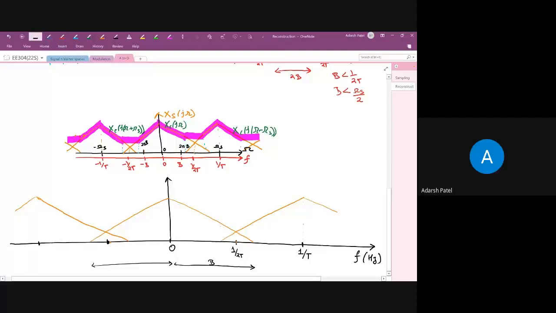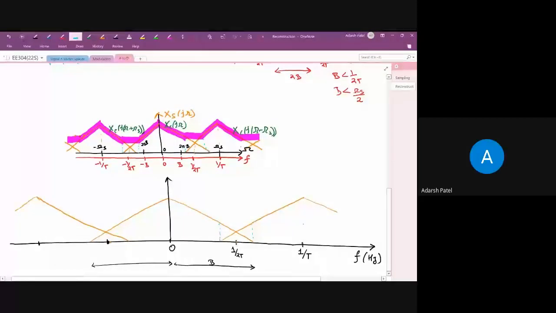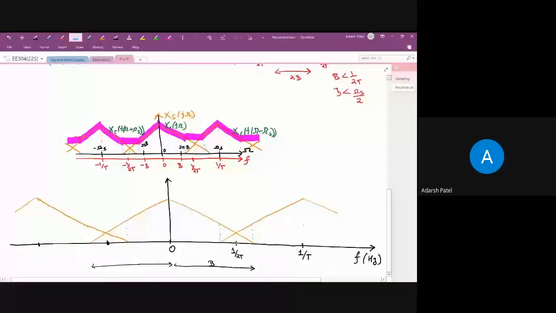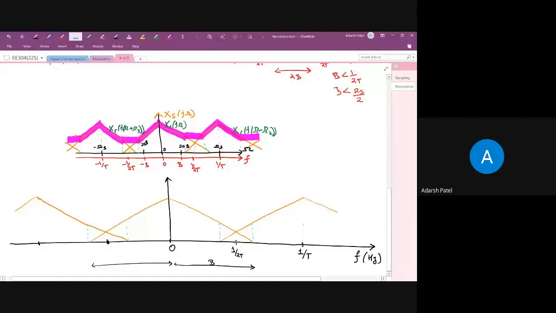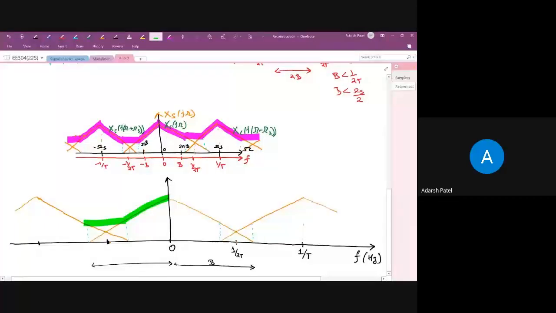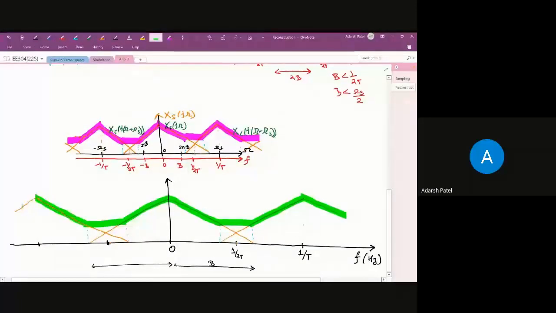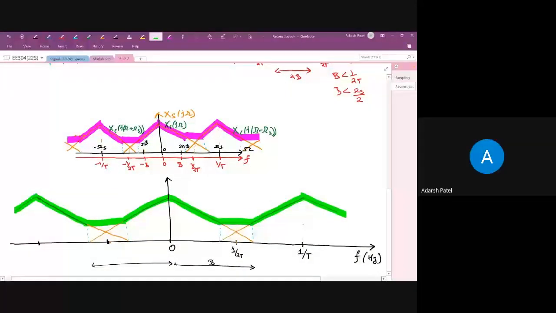It is linear in this portion, and again in this portion, so I should get something like this. This is what we are going to get, like this in here, and this will continue like this. So this will be X_s(j omega).